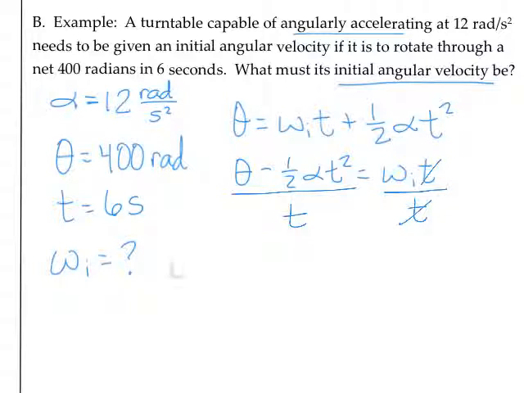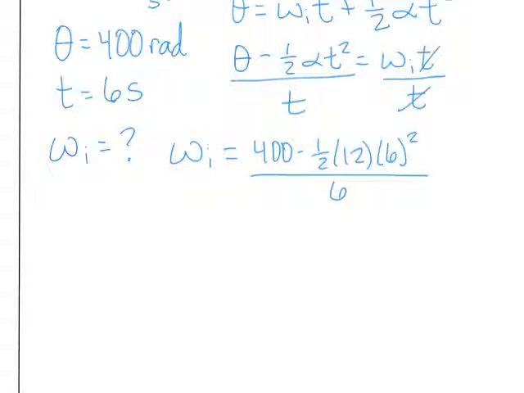So let's plug our numbers in and solve. Since this is a little bit longer formula, I'm going to go ahead and write out some steps for you. I would say that the initial angular velocity would be 400, and I'm going to type this part out in my calculator and come up with 216, and then we still need to divide the whole thing by 6.